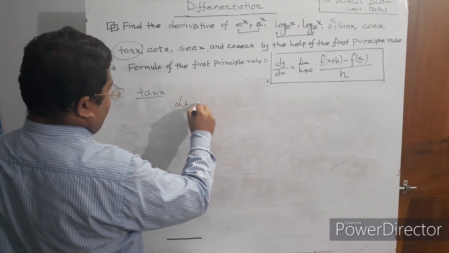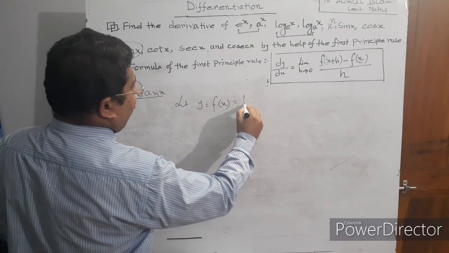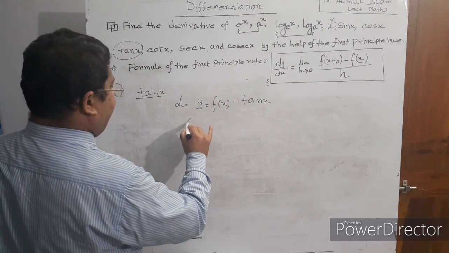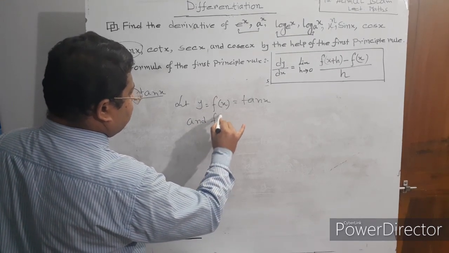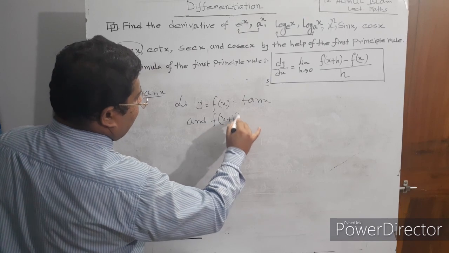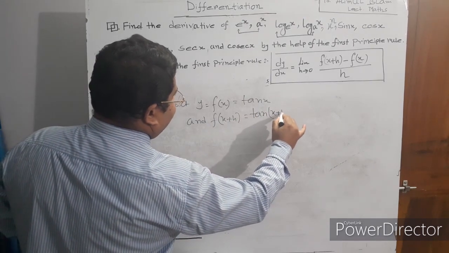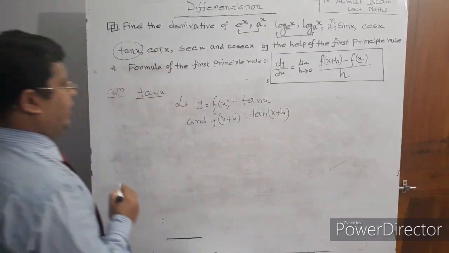Let y equal function of x equal tan x. Clear? Same system, and instead of function of x, you write function of x plus h. You write tan(x plus h). Tan(x plus h). Clear?